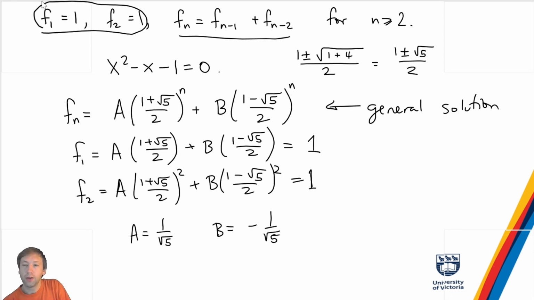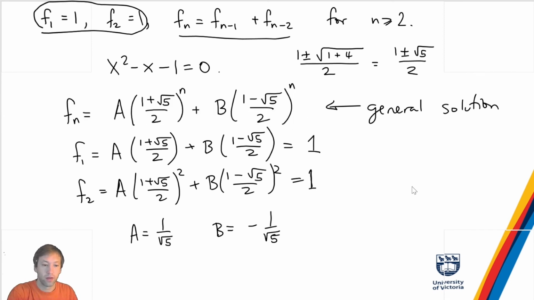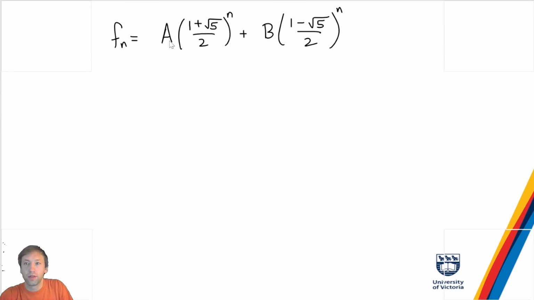Now you can plug this into your general solution to get the particular solution subject to the initial conditions, that the nth Fibonacci number is equal to this.